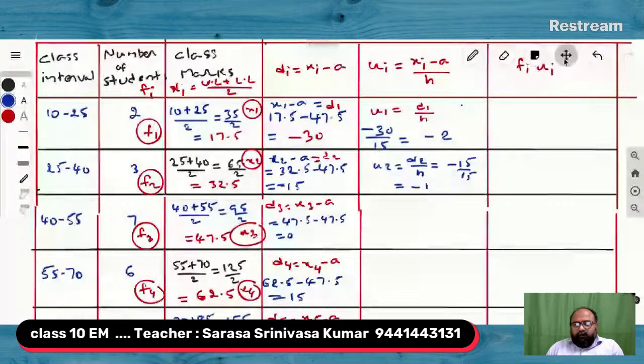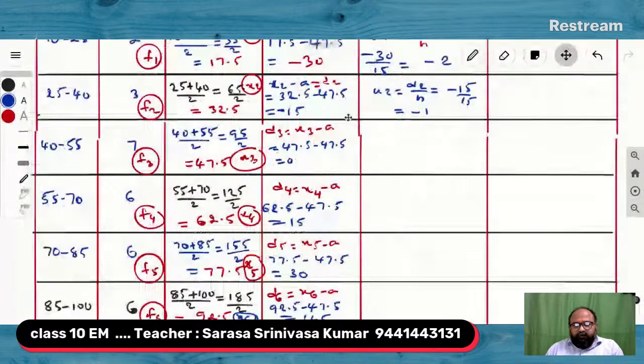Now we find U3. U3 equal to D3 by H. What is D3? 0. 0 by 15 is equal to 0.